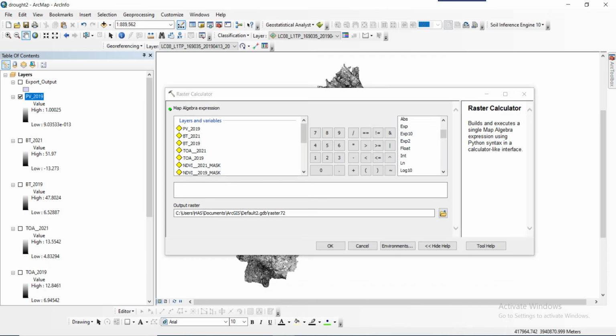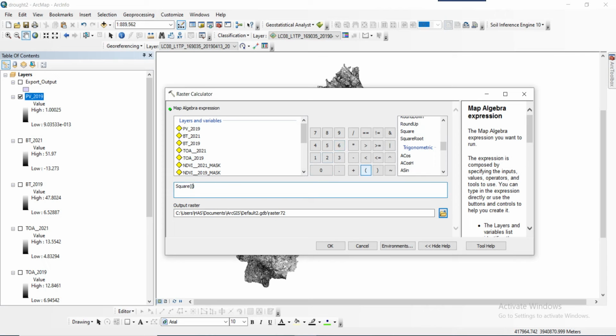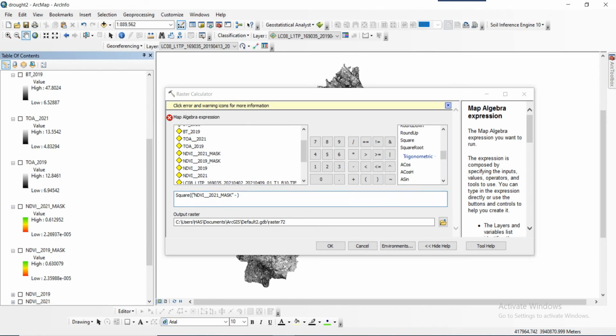So we have a square NDVI mask for 2021 minus the minimum value, which we can find in the image itself, which is 0.000022.